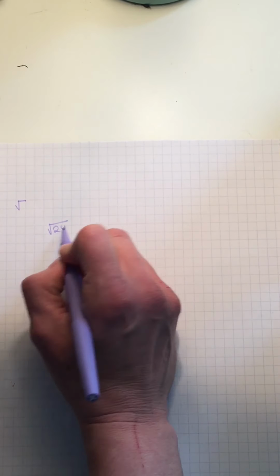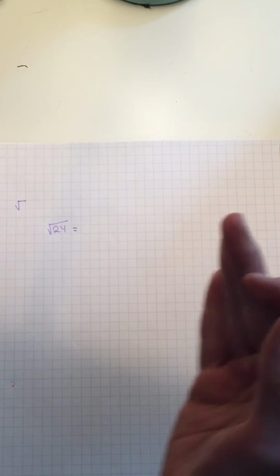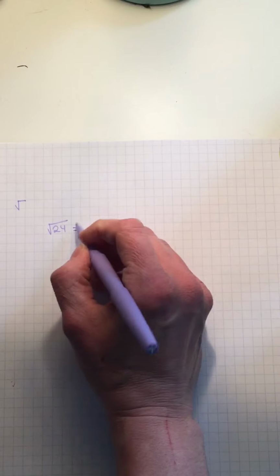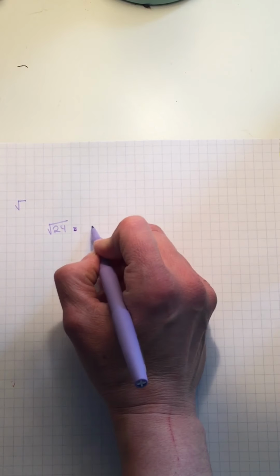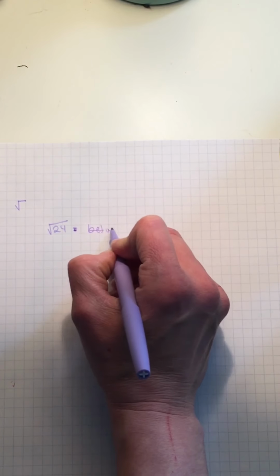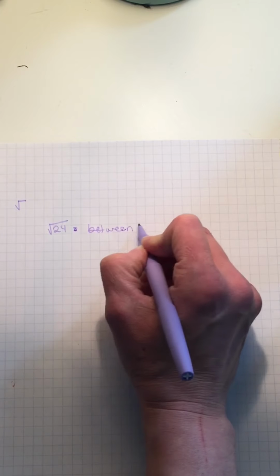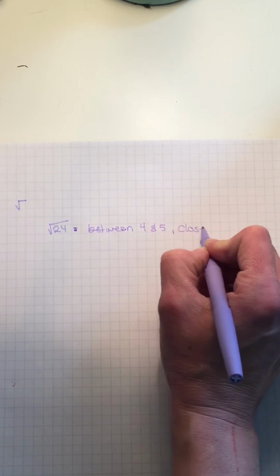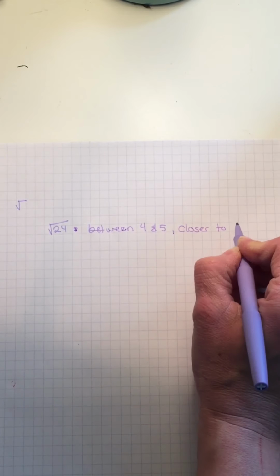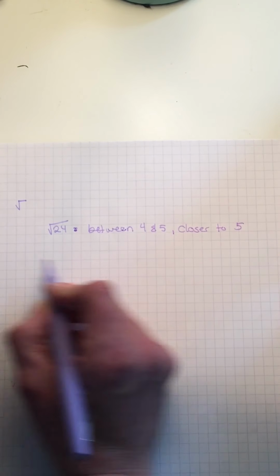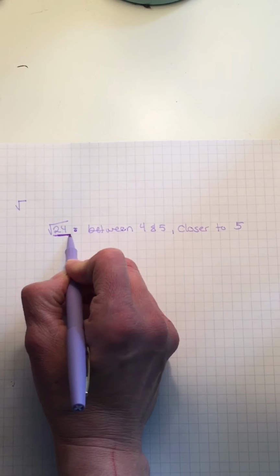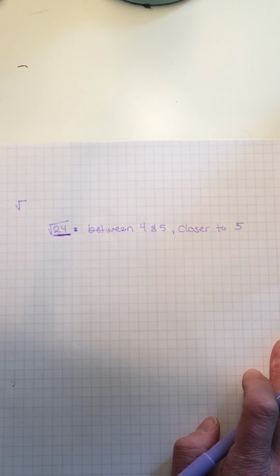So the square root of 24, if I didn't have a calculator with me, I could estimate as being between 4 and 5, closer to 5, because 24 is definitely closer to 25 than it is to 16.